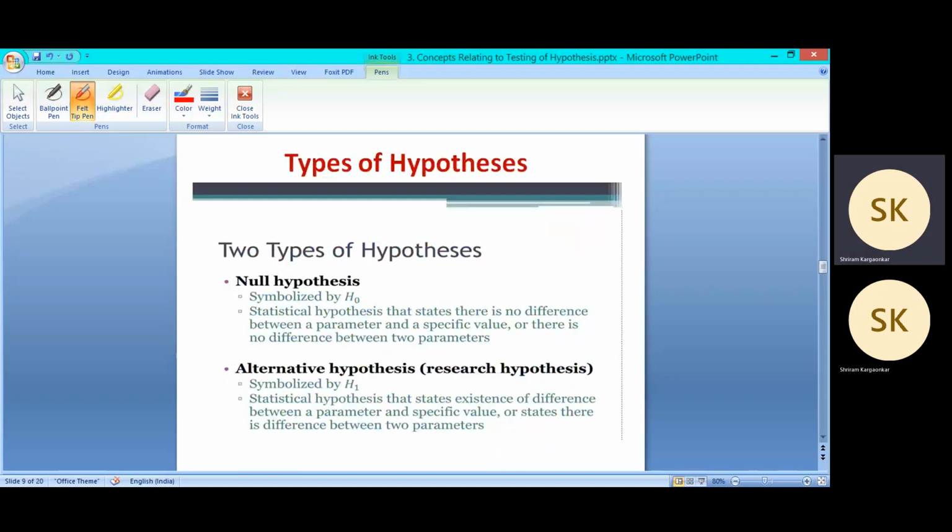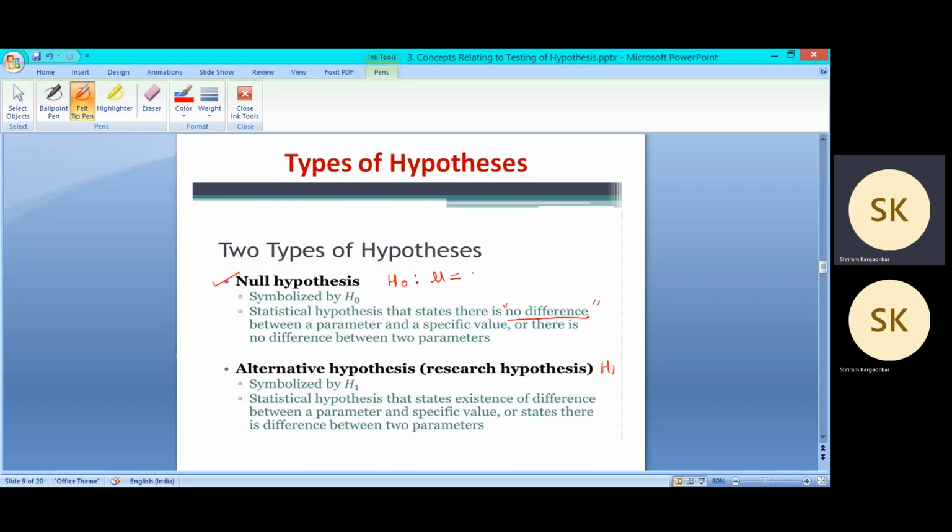Types of hypothesis. There are two types. The first is the null hypothesis, denoted by H naught, and the second is the alternative hypothesis, which is the research hypothesis, denoted by H1. The null hypothesis is the statistical hypothesis of no difference. This you have to remember: in the null hypothesis, there will always be an equal to sign.